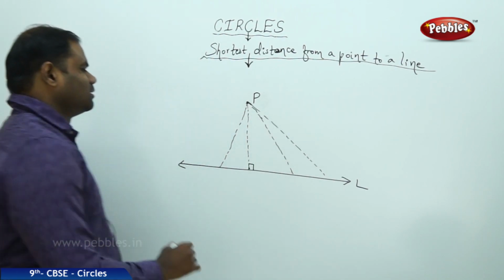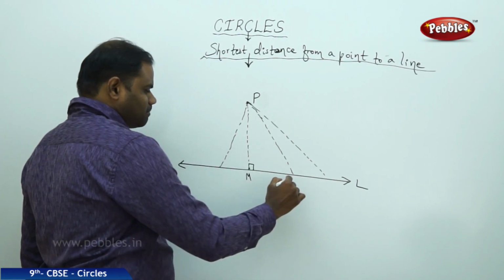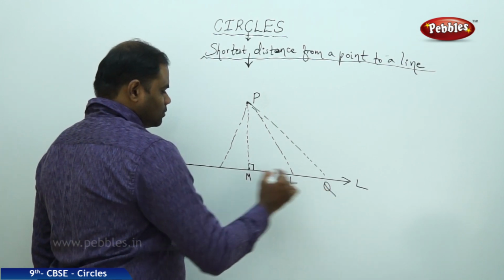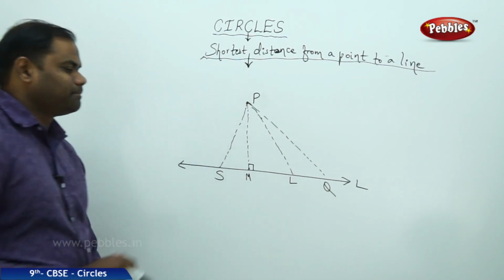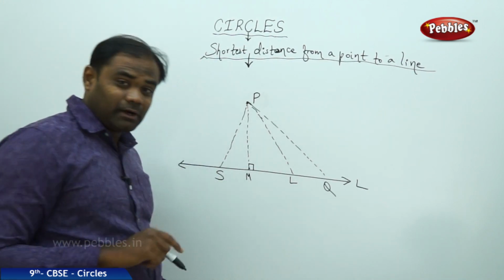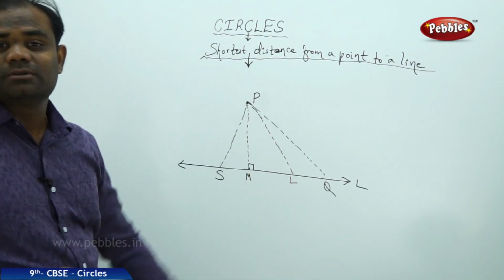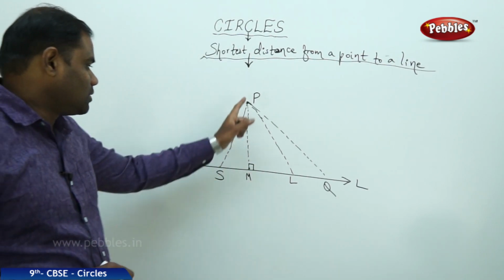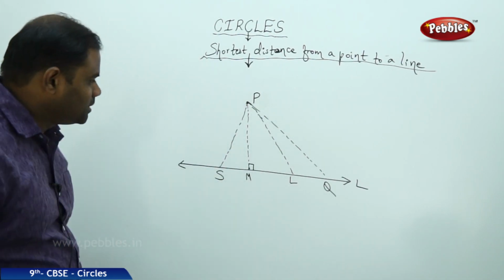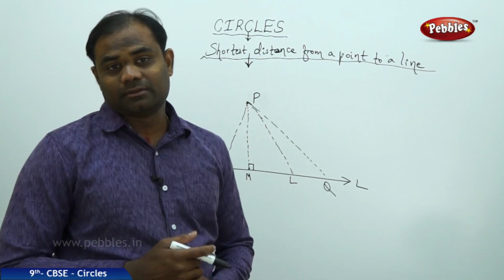Now clearly I can see that if this is M and this is L, Q, S, etc., I find that all the lines from P to L are a bit far away, but the shortest is the one which is straight drop perpendicular. So out of PS, PM, PL and PQ, I find PM to be the shortest because it is the perpendicular length.